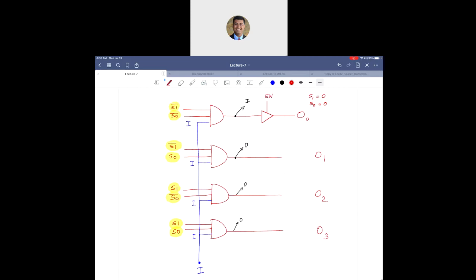If I was controlling whether this input I can connect to O0 or not, if I had a tri-state buffer over there, then the outputs could be in high impedance state. Or I could also control this using a simple switch like this.